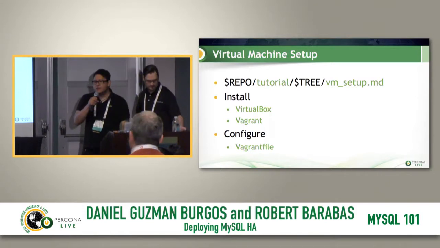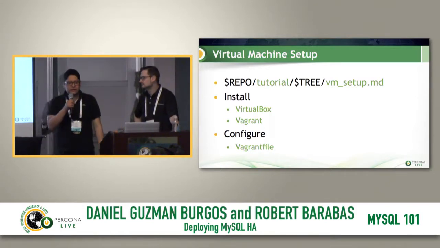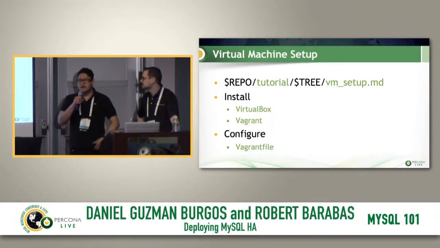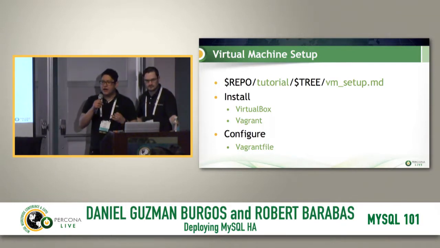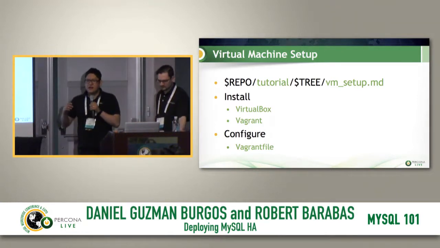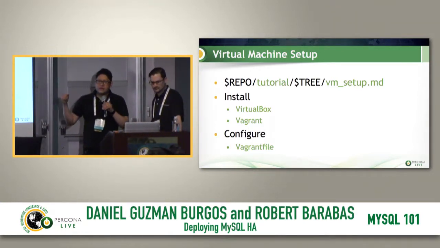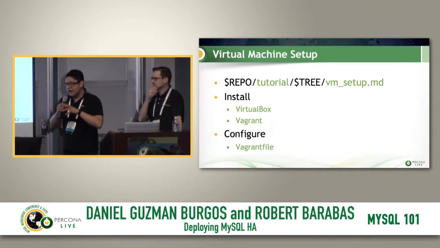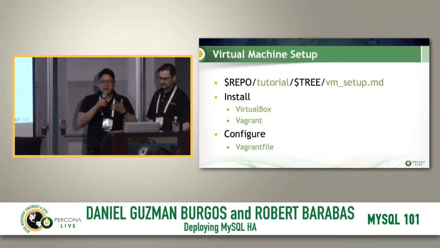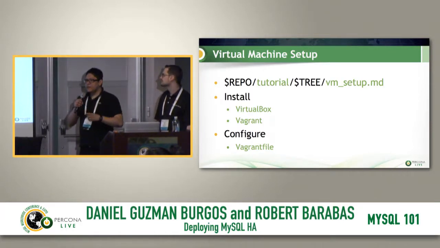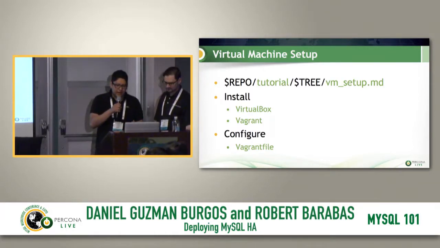So the ultimate goal of Vagrant is to make it easy to manage VMs, configuration, launch the VMs, networking between the VMs, everything easily configured and also easy to share.